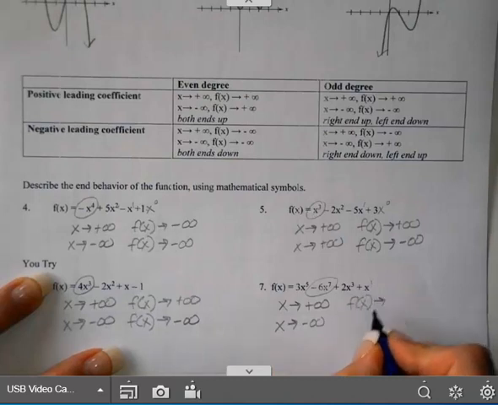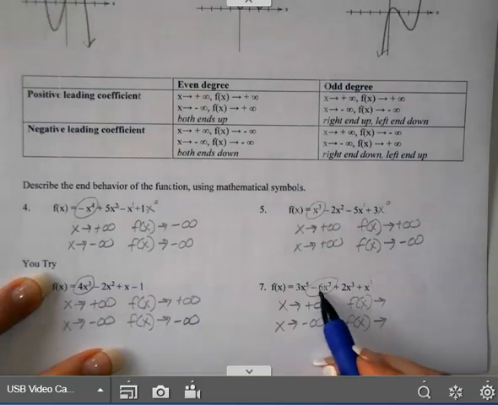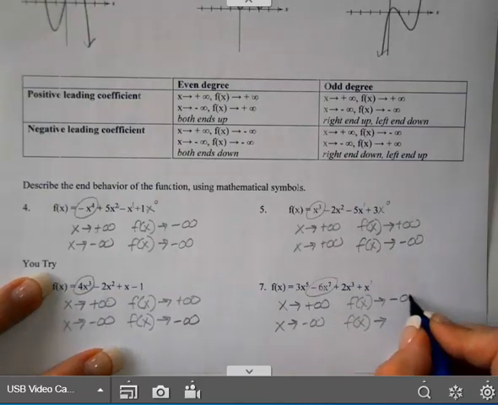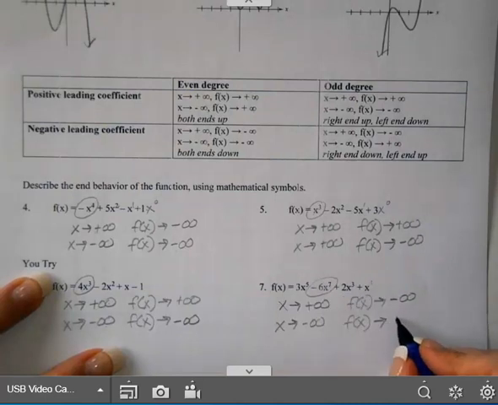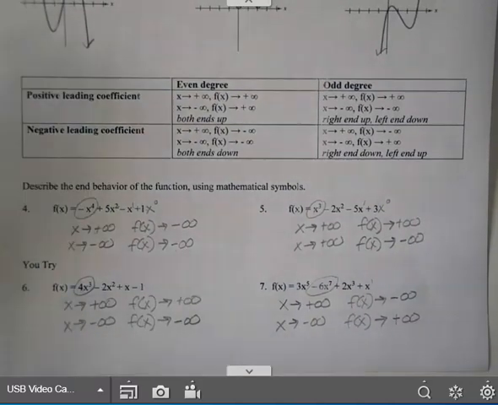So f of x or y, what does it do? Since this is a negative leading coefficient, as I go to the right, it's going to go down. And the degree is odd, so they'll go opposite directions. So since this one went to negative infinity, this one will have to go to plus infinity. And that finishes our notes.